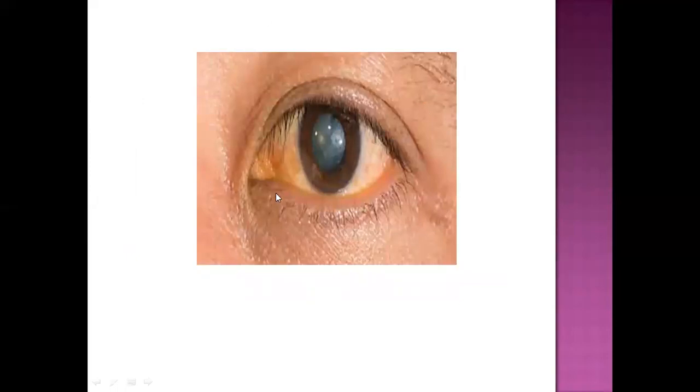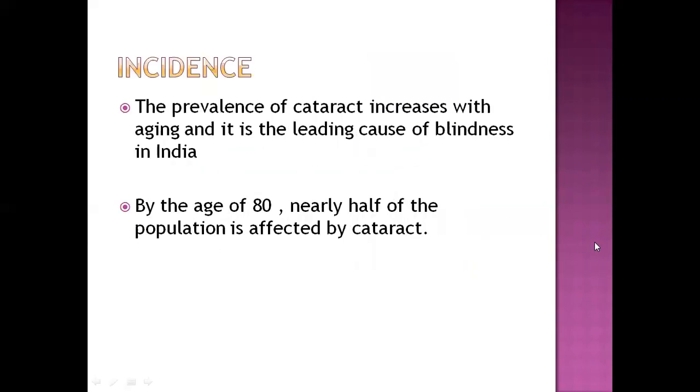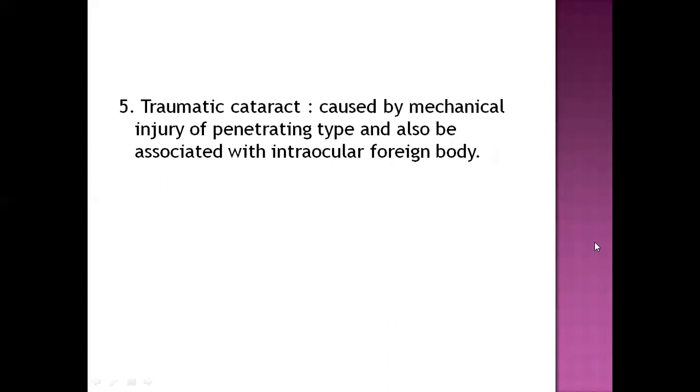In this diagram, the signs and symptoms that we learned: discoloration of this part, cornea, sclera, and there is cloudiness of the lens. There is opacity of the lens, and because of dense cataract, there is slight change in the shape and size of the lens. Again, let's get back to management.